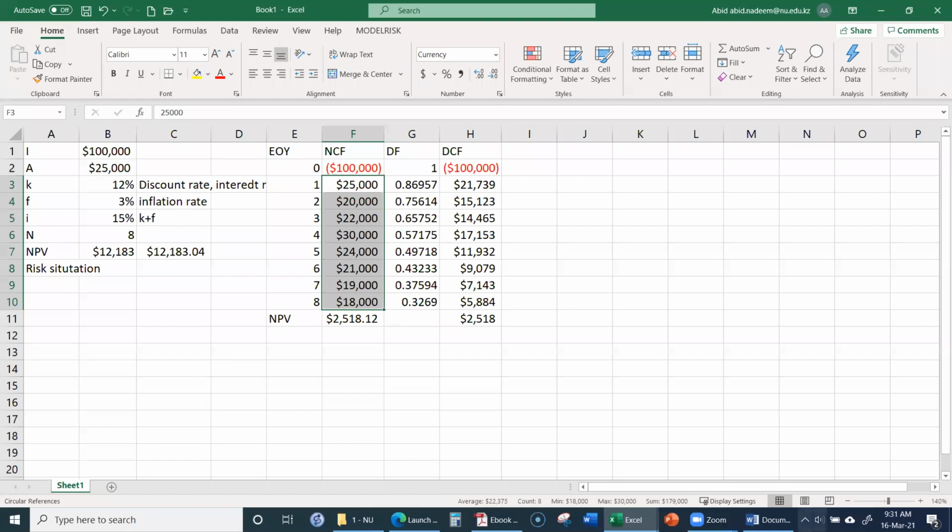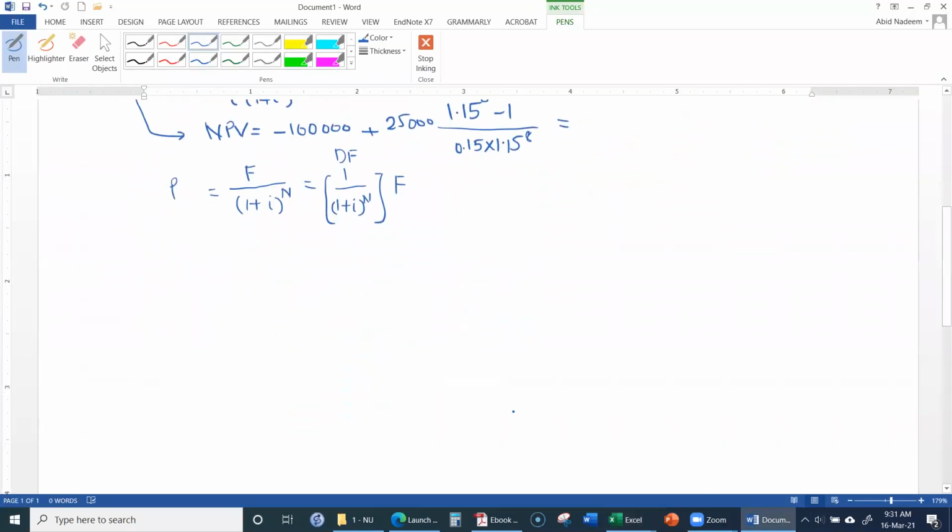So we may have thousands or maybe millions of different possible scenarios, and for each scenario, you will get a net present value.